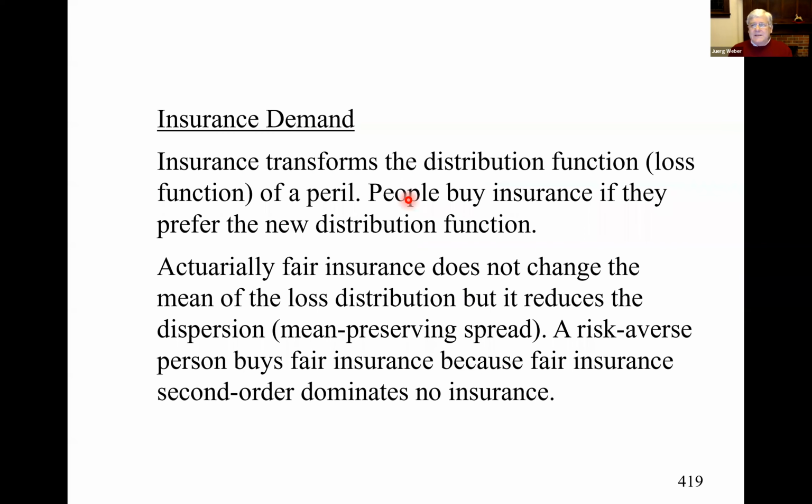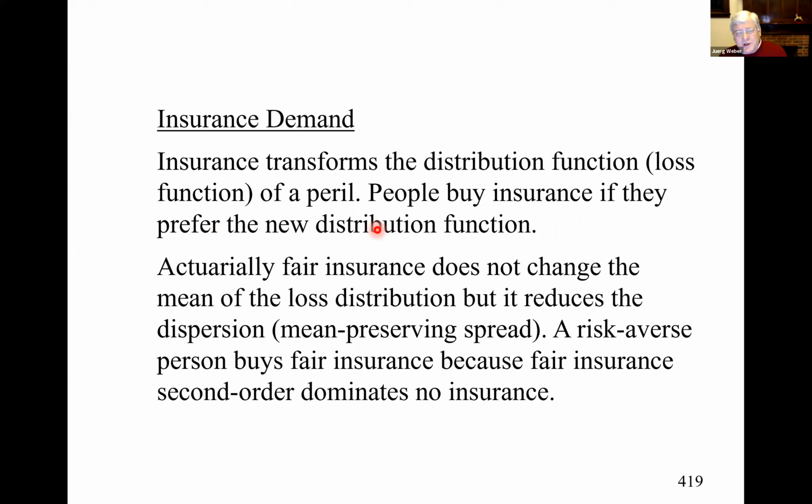Now this applies to insurance demand. You buy insurance to transform the distribution function of a peril. And people buy insurance if they prefer the new distribution function. Maybe with insurance you don't get rid of all the risk, but you get rid of part of the risk at least.